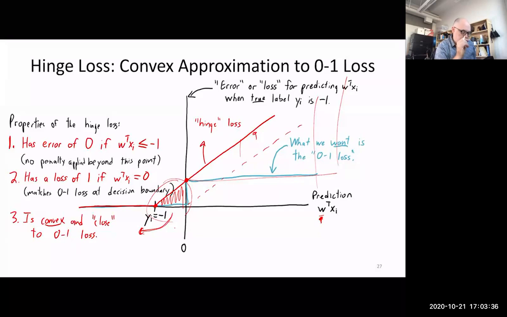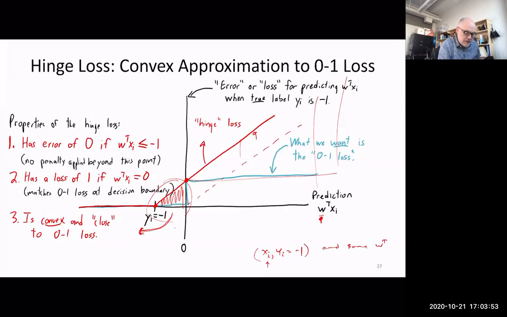What we're saying is that for an instance xi, yi, where yi equals 1, and some W transpose, we're just trying to look at what happens.